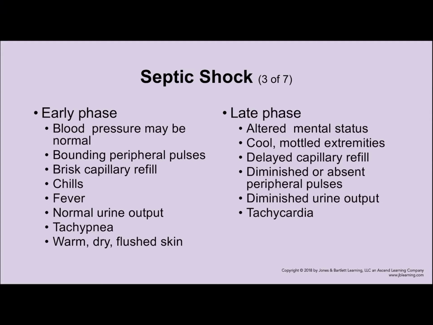Similarly, they may have brisk capillary refill, sometimes known as flash capillary refill. They may be complaining of chills. They may have subjective fever as a part of an immune response to the pathogen that's causing this. They may initially have normal urine output, and then they may have other signs of systemic inflammatory response, such as tachypnea or increased respiratory rate, and they may have warm and dry or flushed skin. They may appear somewhat plethoric.